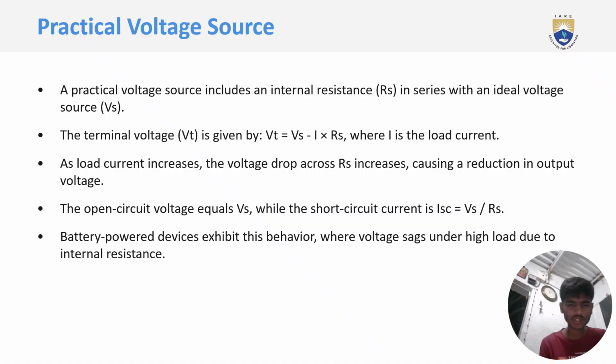The open circuit voltage equals Vs, while the short circuit current is Isc equals Vs divided by Rs. Battery powered devices exhibit this behavior where voltage sags under high load due to internal resistance.